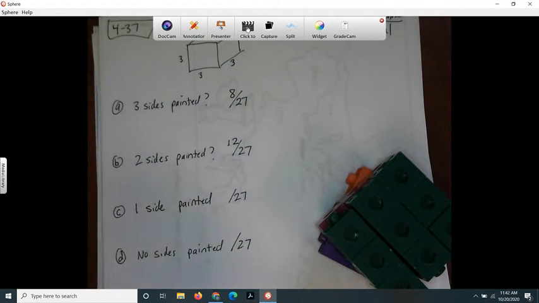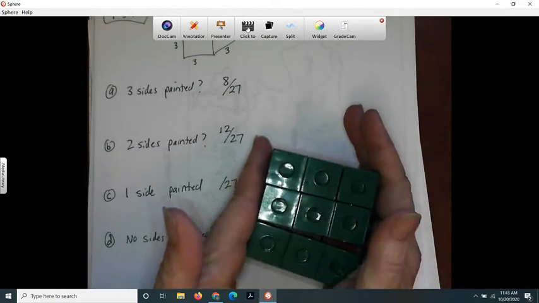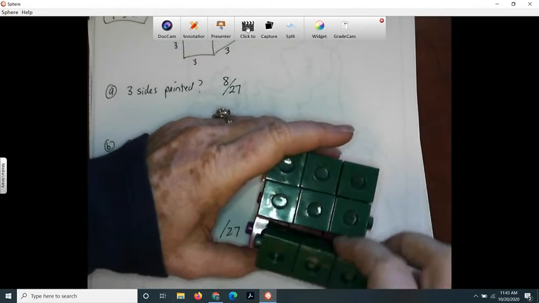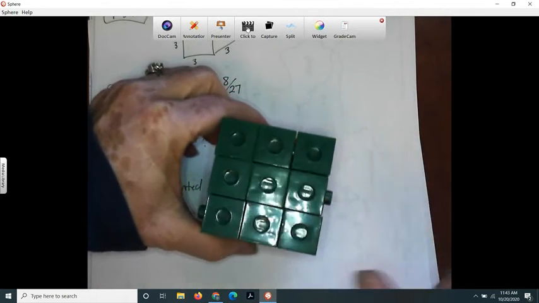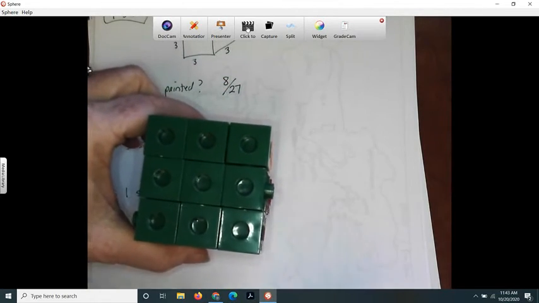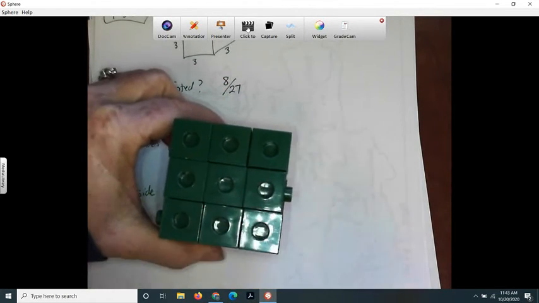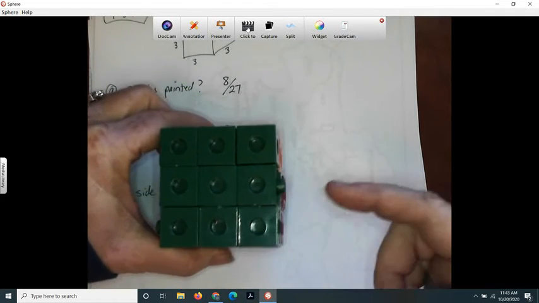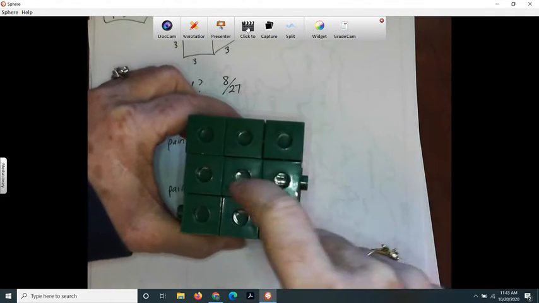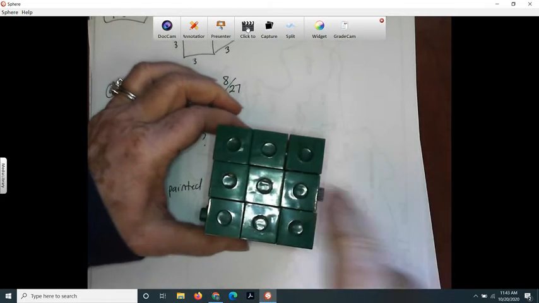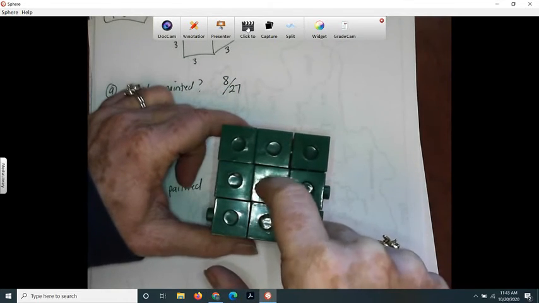Okay, and then 1 side painted. If this would stay together for me, if I spray painted it, how many of these little individual cubes would just have 1 side painted? Well, all the edges and corners would have more than 1 side painted. On the top, the only one that would have 1 side painted is this middle one.